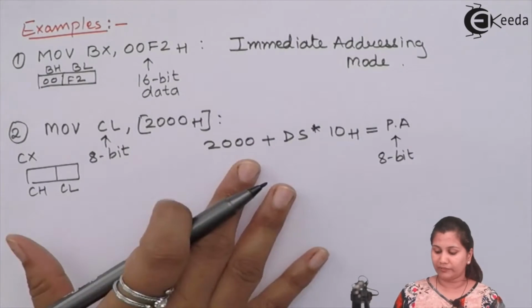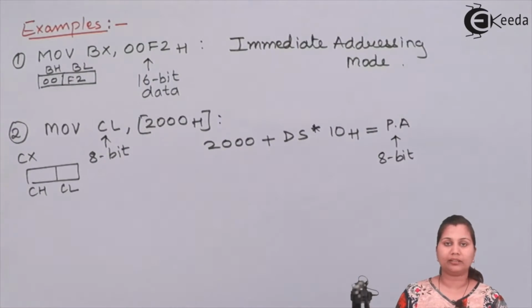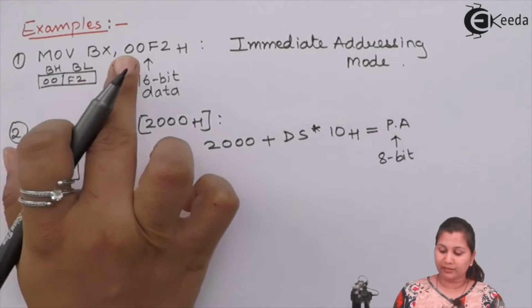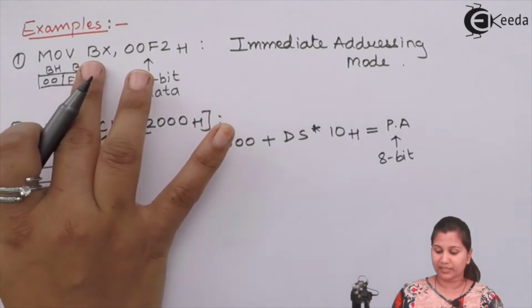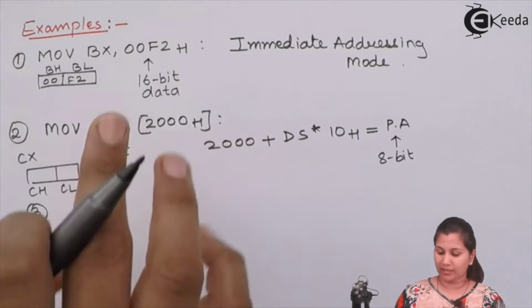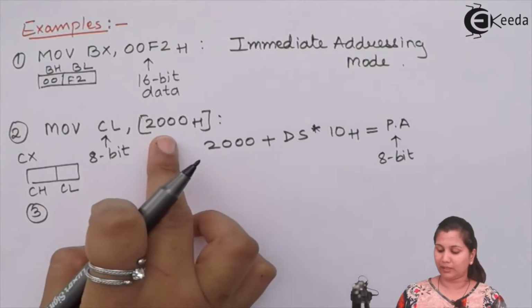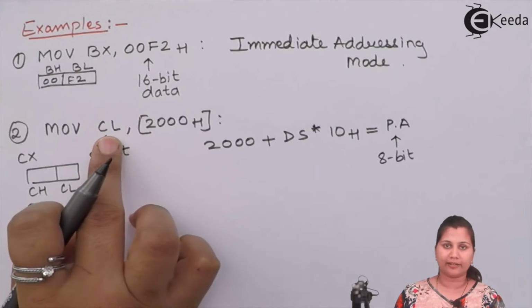Here we have given the data indirectly, so it is a type of indirect addressing. The previous example was the transfer of data between a register and immediate data, and here the transfer of data is between a memory location and a register.